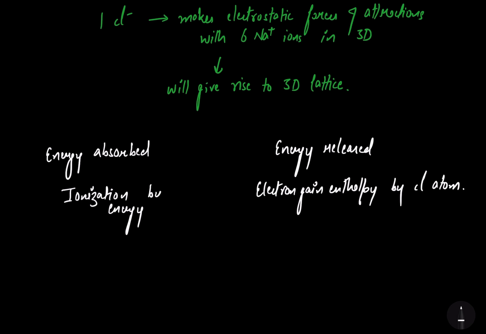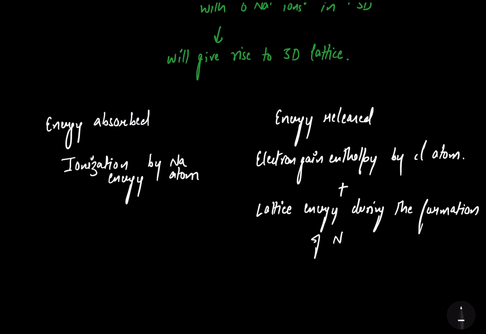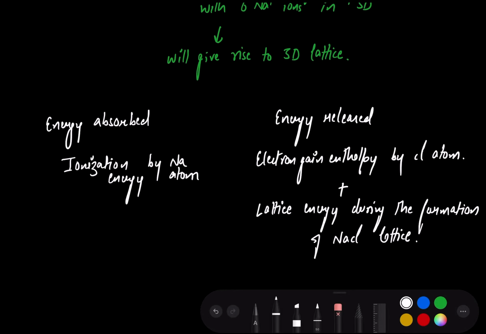So energy absorbed will be ionization energy by the sodium atom, because it has to lose an electron from the outermost shell, and energy released will be electron gain enthalpy by the chlorine atom, and energy released also is lattice energy during the formation of the sodium chloride lattice.